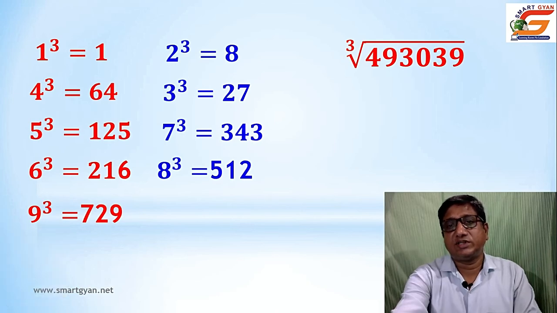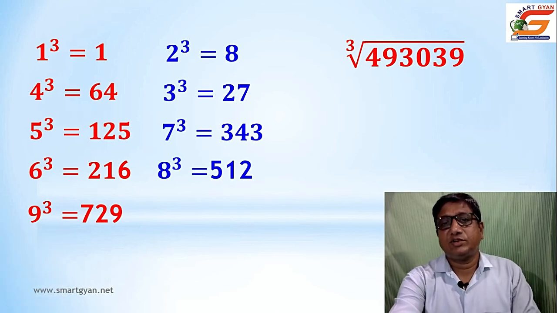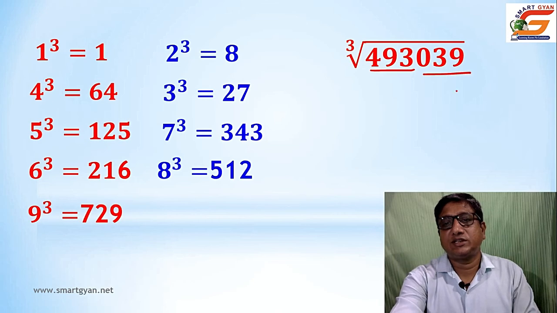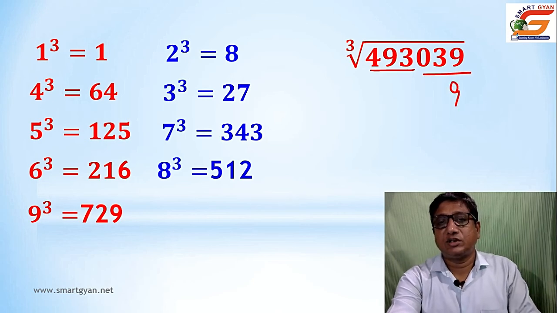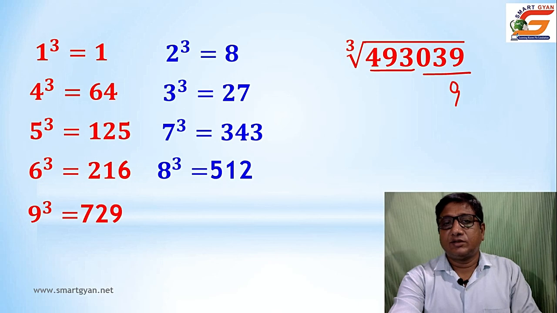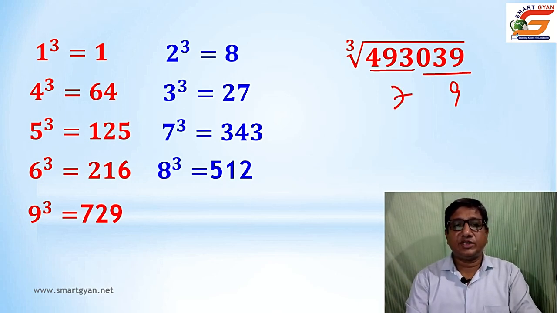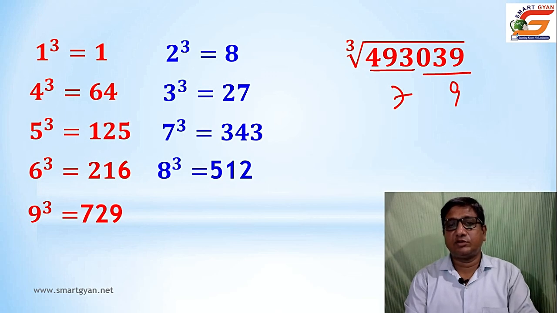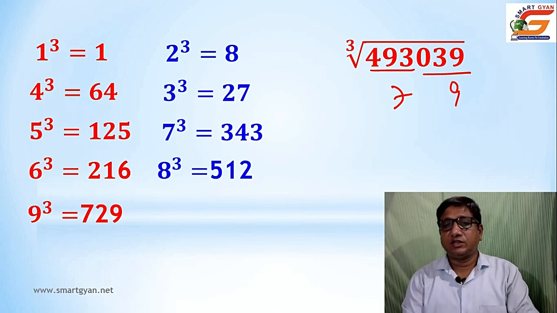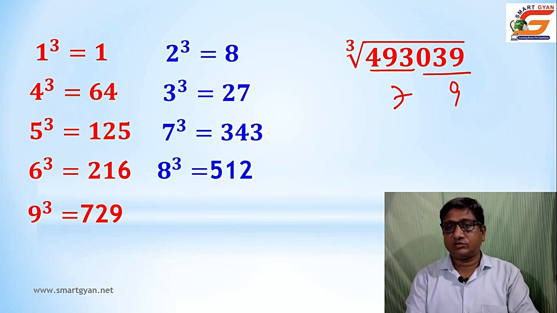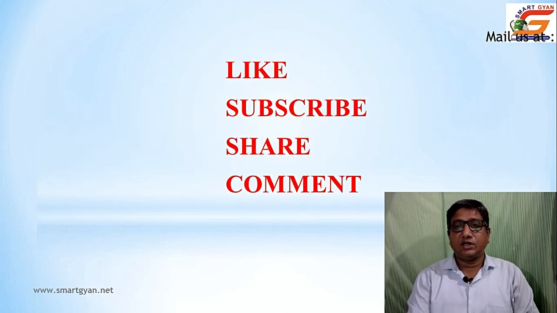This much time you will take, not more than this, simply 2 seconds. Here it is 9 and here it will be 7. 7 cube is 343, 8 cube is 512 which is greater than 493, that is why 7 is the left part, and 9 is a repeating digit, that is why we take 9 as the right part.